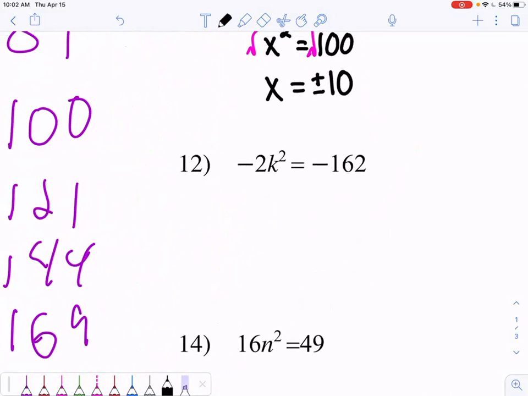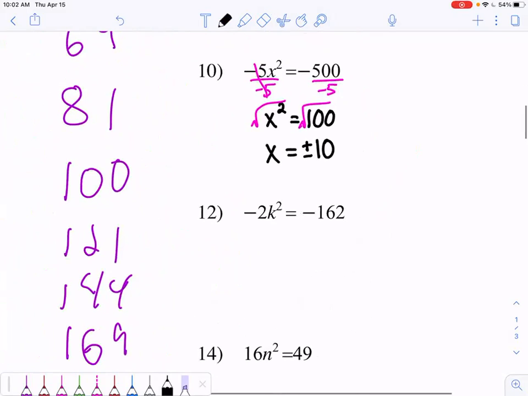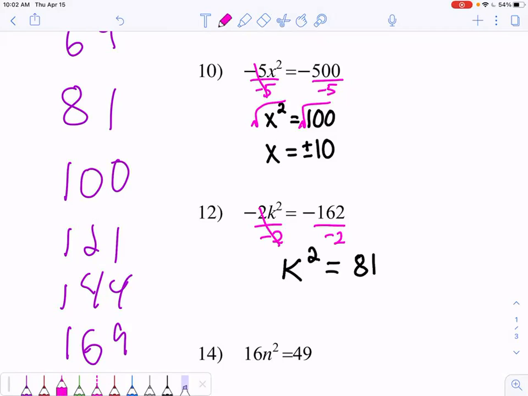Let's look at 12 below. Peyton, what's the first step going to be? It's very similar to 10. You divide by -2. What do you get when you divide by -2? Good, not negative, but good. And then next step is?